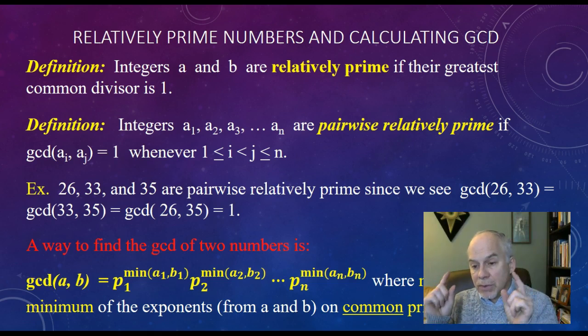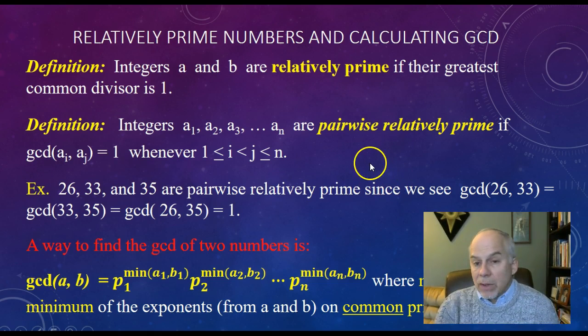And we call those two numbers relatively prime, like 7 and 9. Now, I know 9 is not a prime number, but the divisors of 7 are 1 and 7, and the divisors of 9 are 1, 3, and 9. The only divisor that's common to both of those numbers is 1. And if the greatest common divisor is 1, then we call them relatively prime. Okay?